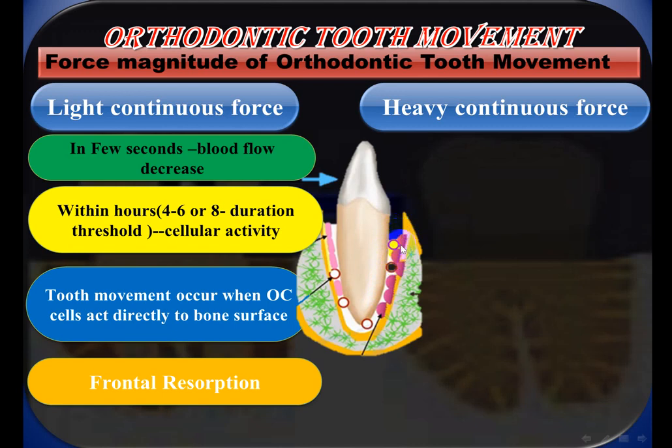I mean, by removing or resorbing the bone of the outer surface of the lamina dura directly. So it is called frontal resorption. At the same time, on the tension side, there will be activation of osteoblast cells, and there will be apposition of new bone in the tension side.